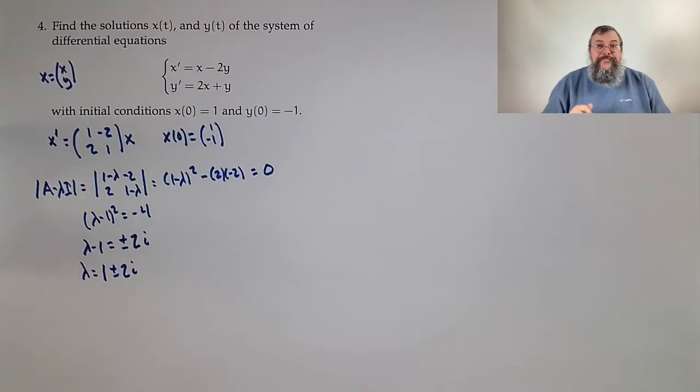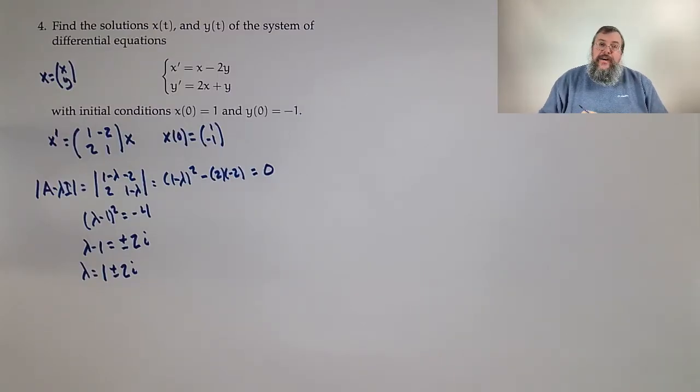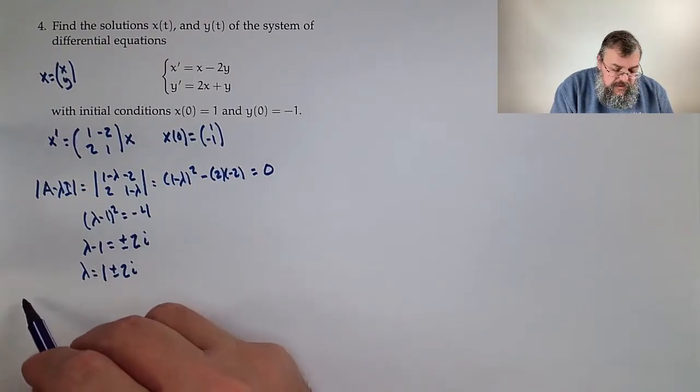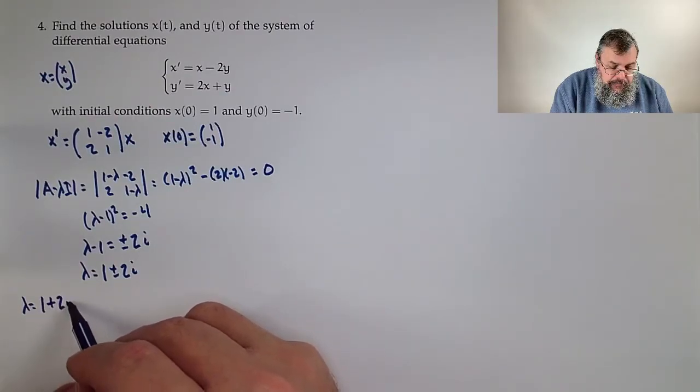Complex. All right, that's okay. We know how to handle complex eigenvalues. Now, we need the eigenvectors. Well, we only need one eigenvector. So let's suppose that we're going to focus on lambda equals 1 plus 2i.